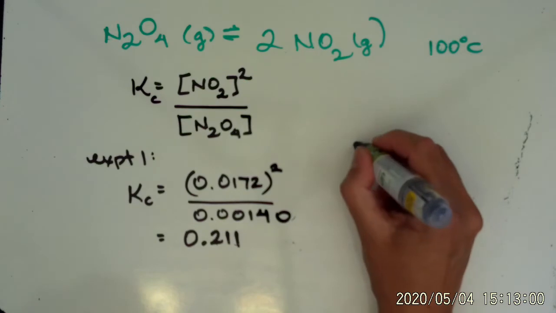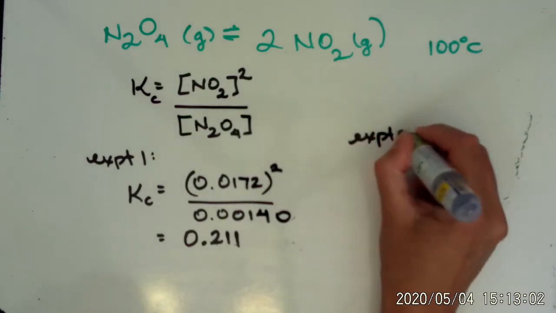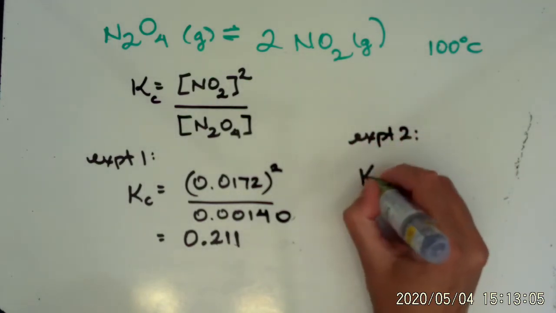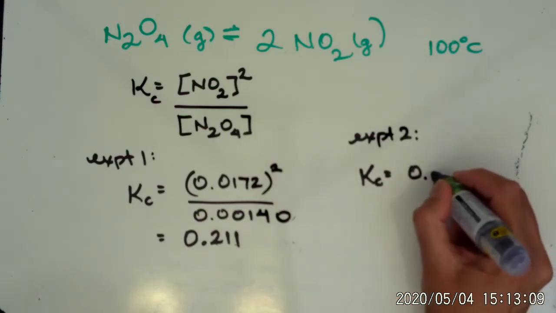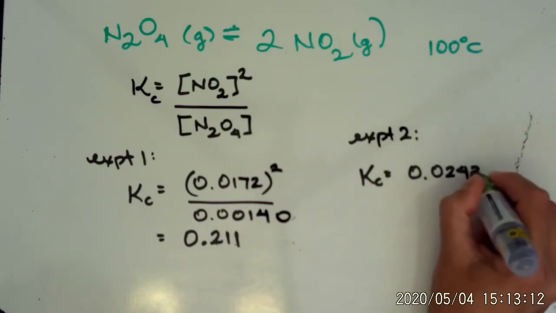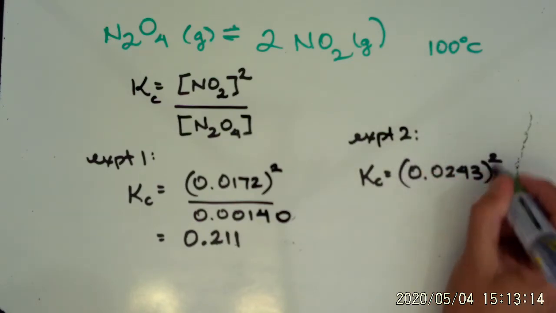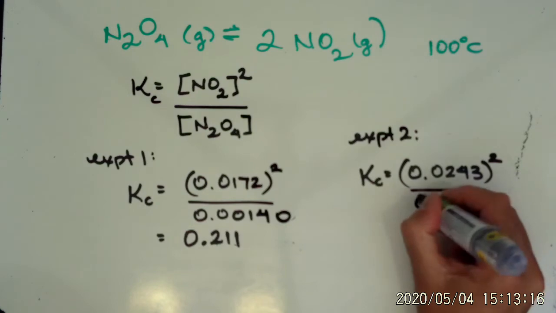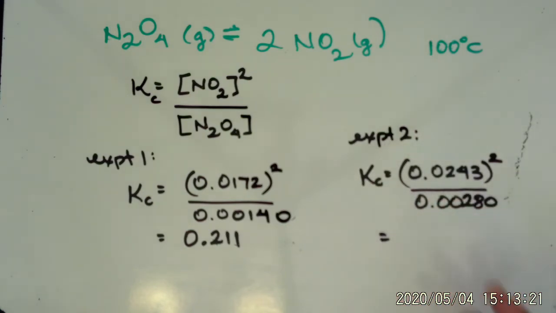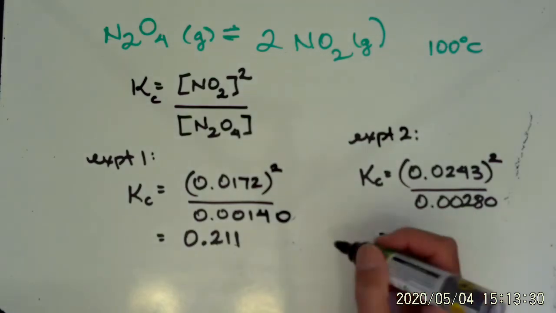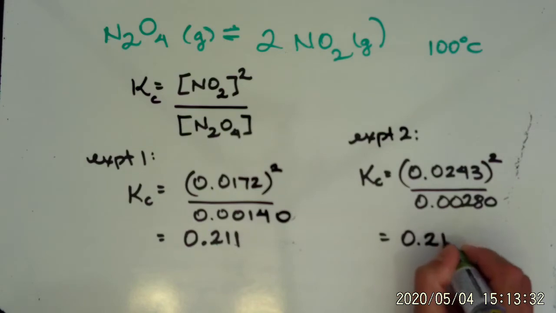For experiment 2, products 0.0243 squared divided by 0.00280.